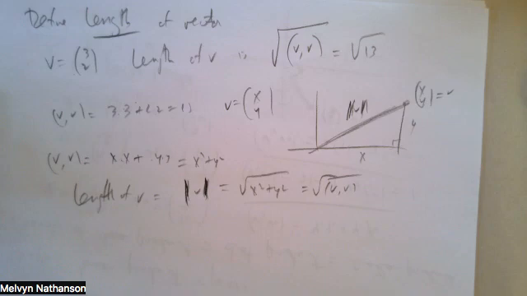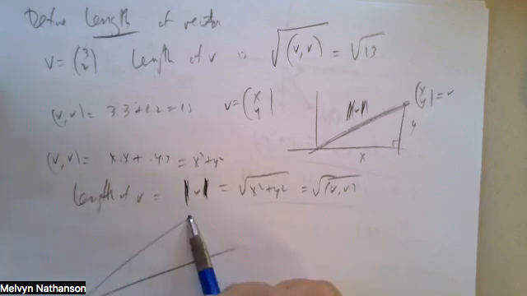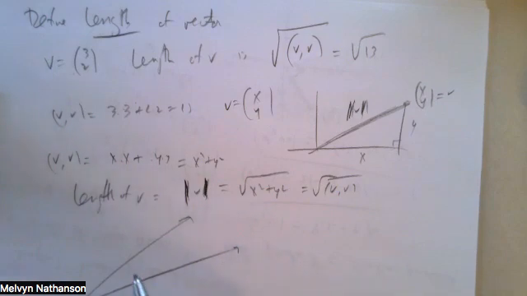So with the ordinary inner product, we have a way to talk about the length of vectors. We have a way to talk about when two vectors are perpendicular or not. And we'll also show we have a way to talk about the angle between two vectors.